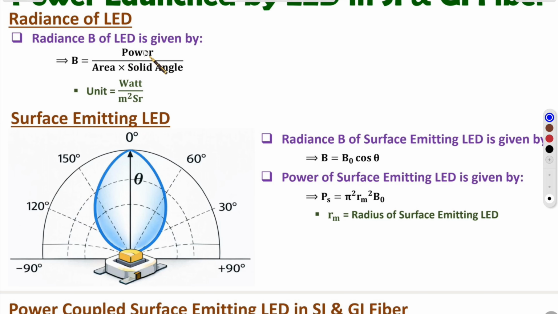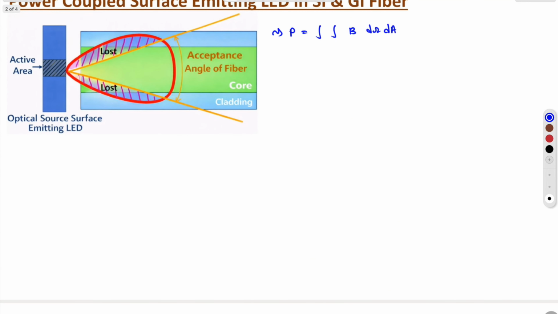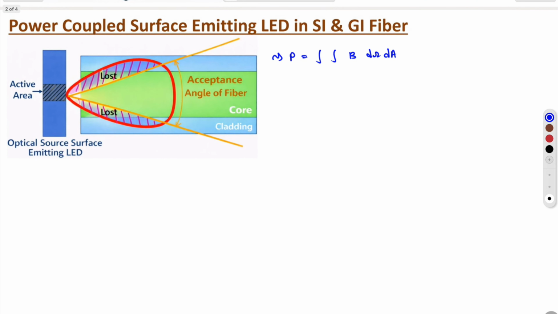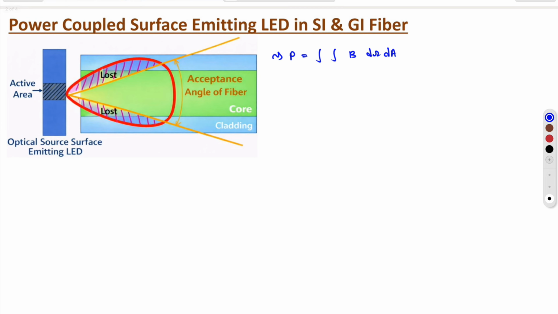So for the calculation of power, we need to integrate this radiance with respect to area and solid angle, which is in terms of steradian, right? So here I'll be doing this integration. The first integration belongs to area and the second integration belongs to solid angle, which is in terms of steradian.